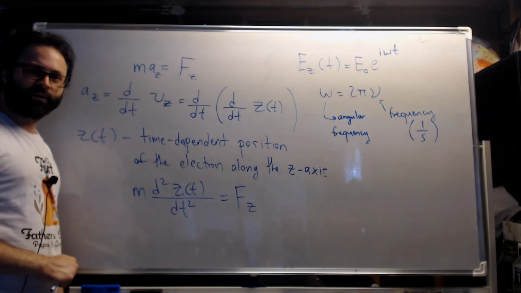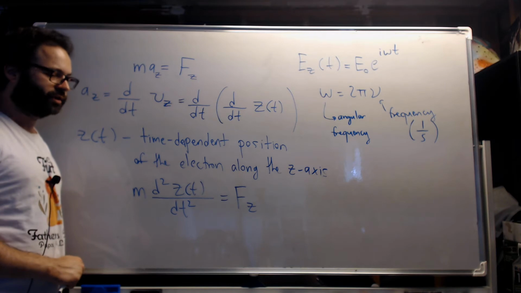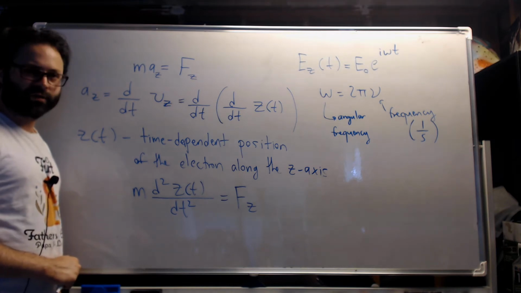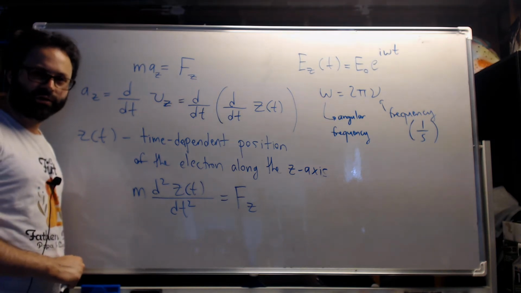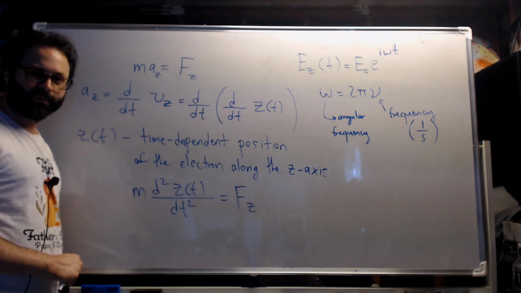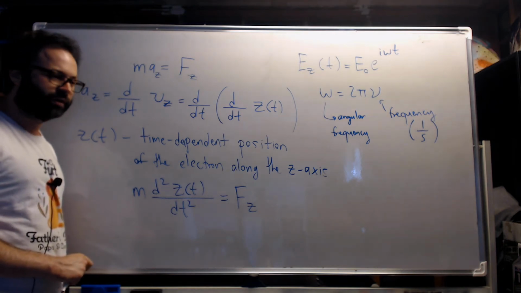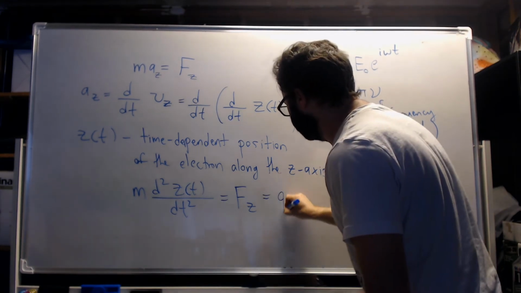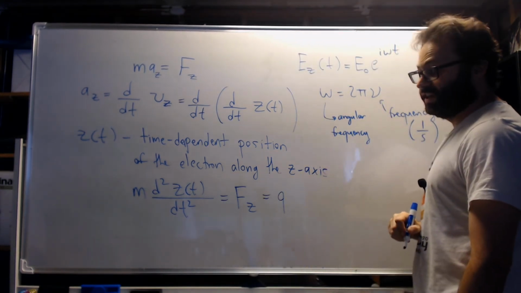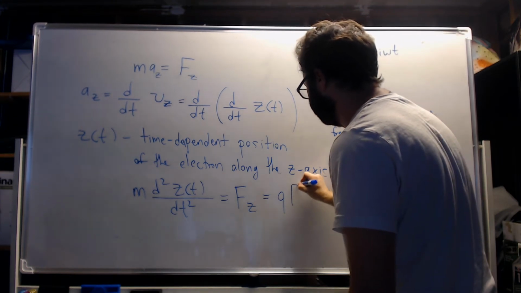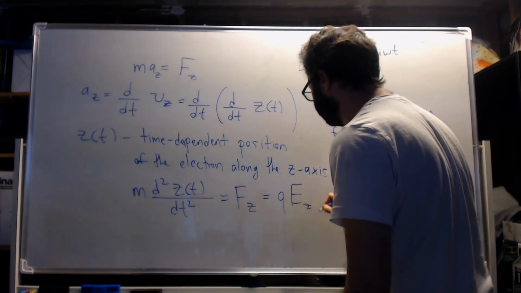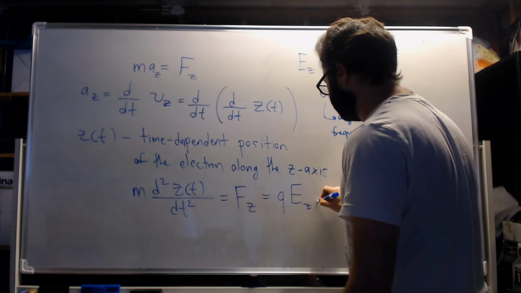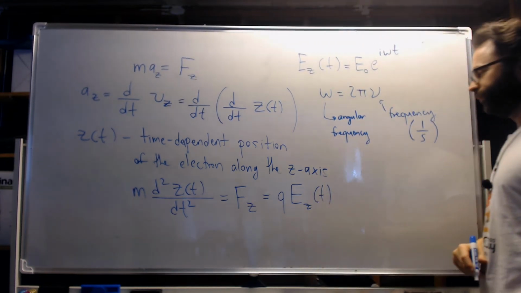This is where we come to our connection between the force and the electromagnetic field, or the electric field in this case. The force on the electron is the charge of the electron times the electric field. So that's the relationship. It is the charge of the electron, or the charge of anything, times the electric field in the z direction as a function of time.